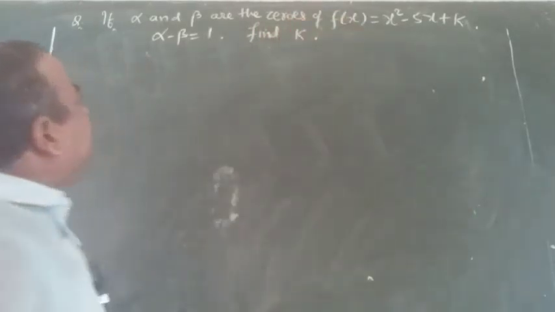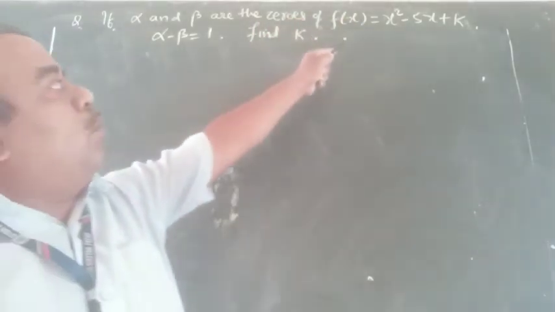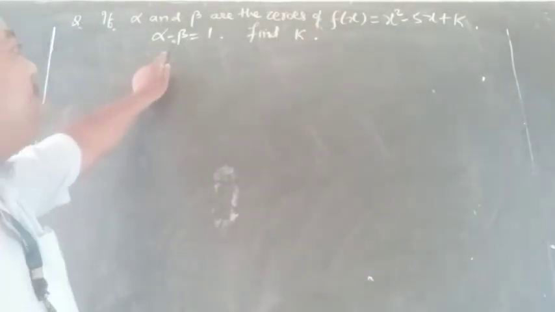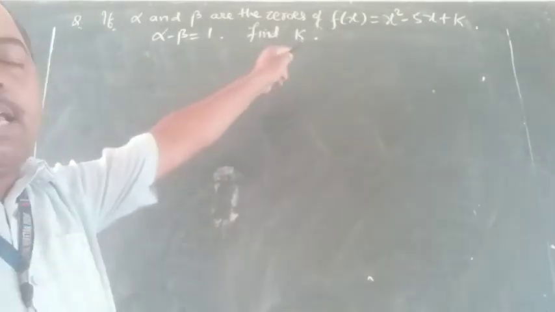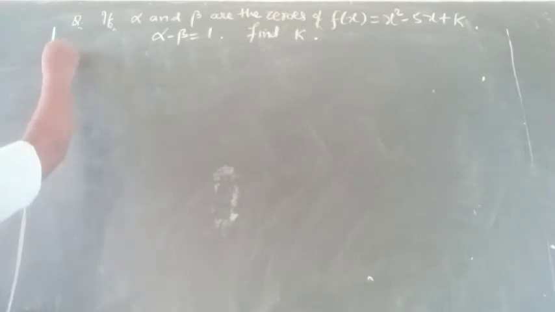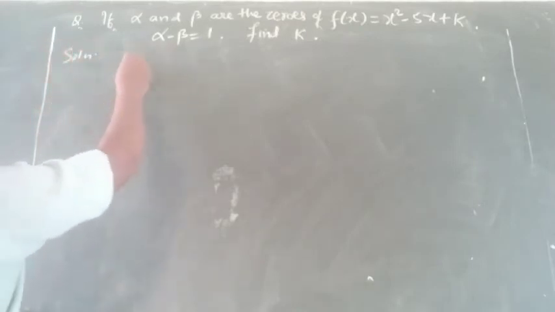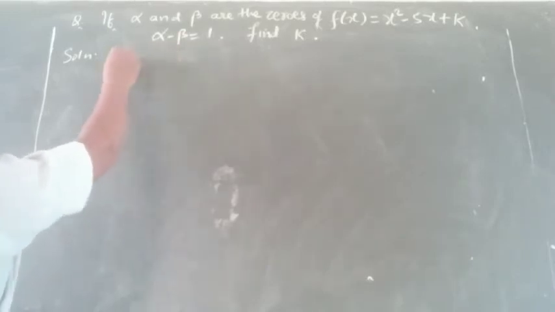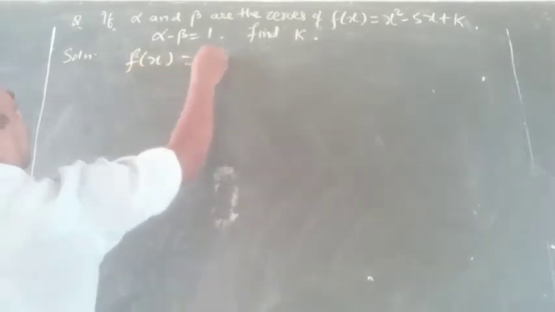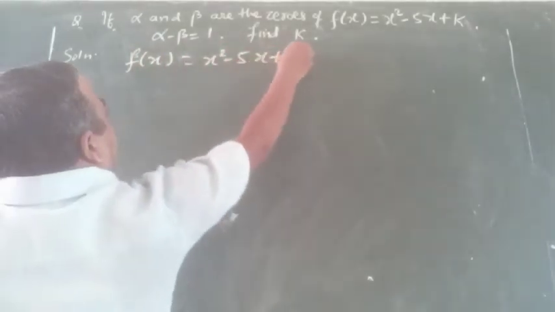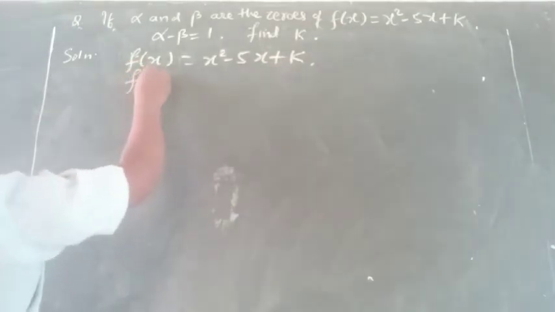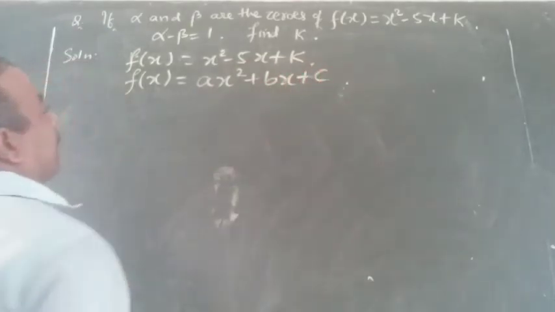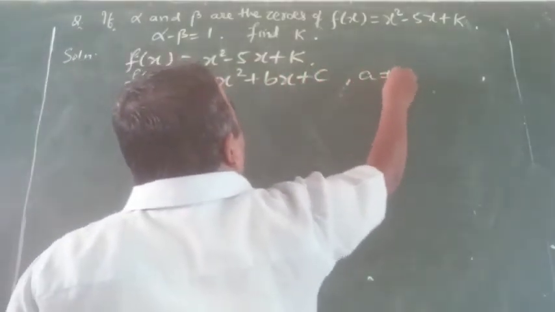So alpha and beta are the zeros of this quadratic polynomial x square minus 5x plus k, and one relation is given, alpha minus beta equal to 1. We want the k value. Now use the solution here. f(x) equal to x square minus 5x plus k, and here f(x) equal to ax square plus bx plus c, where a is not equal to 0.